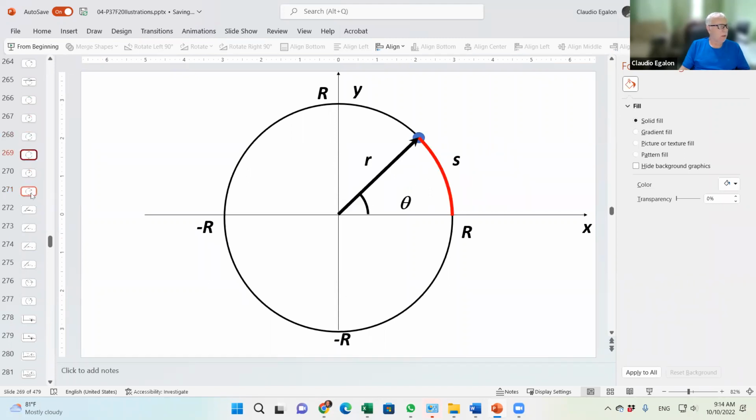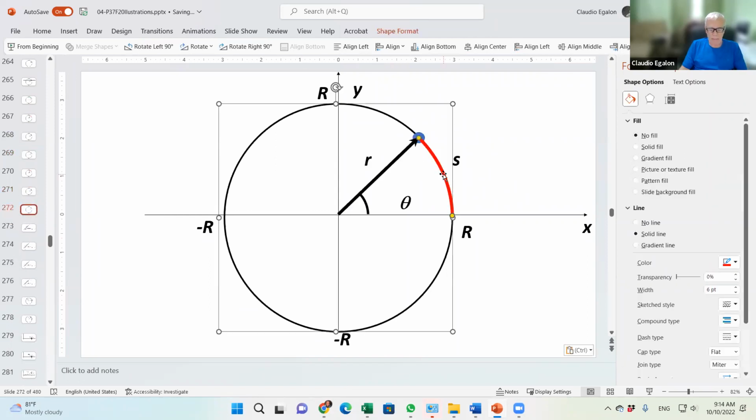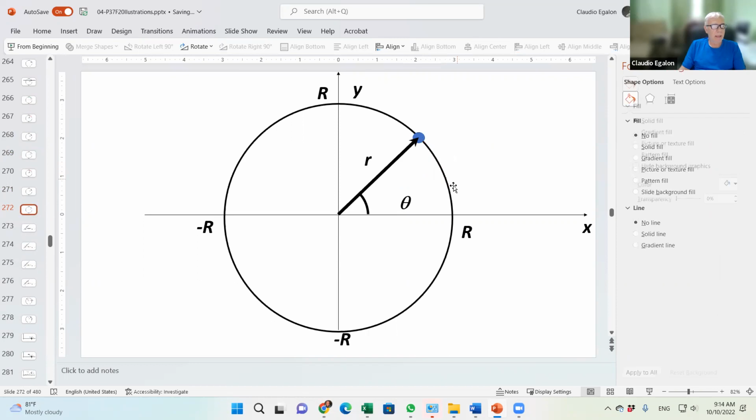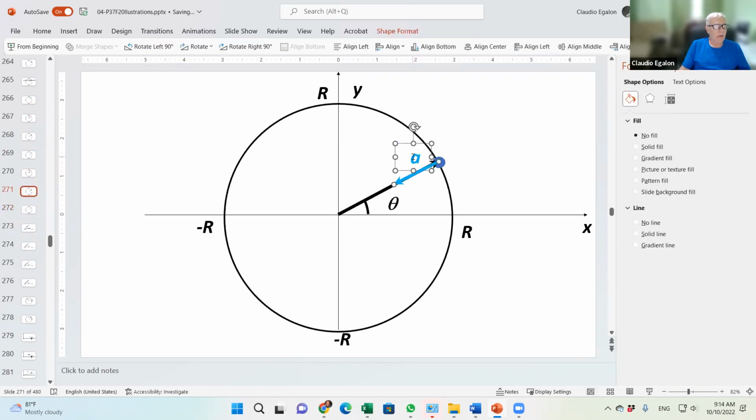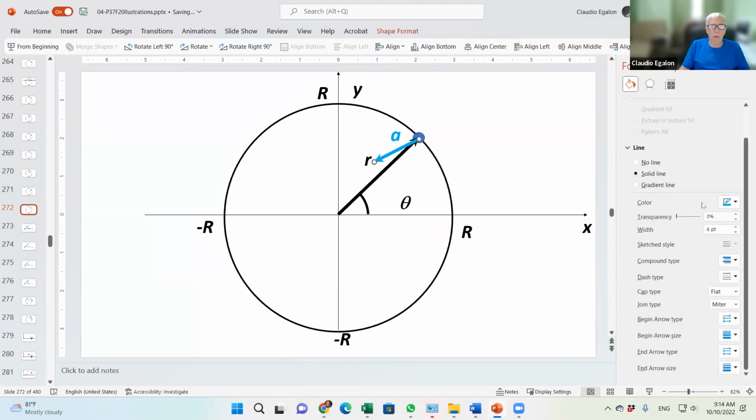Here you go. This particle here, I'm not going to keep this one anymore because there's no need to do that, right? The acceleration is going to keep on changing its direction as time goes by.